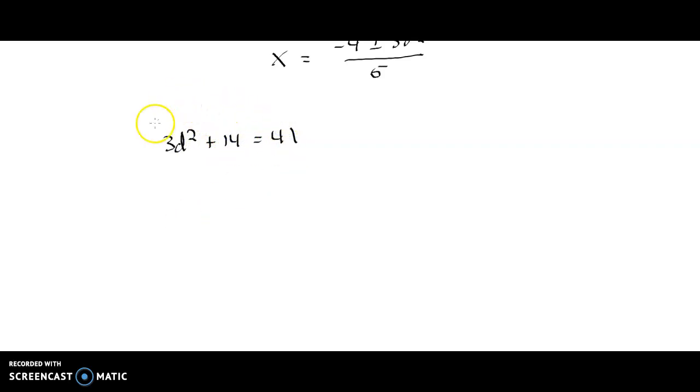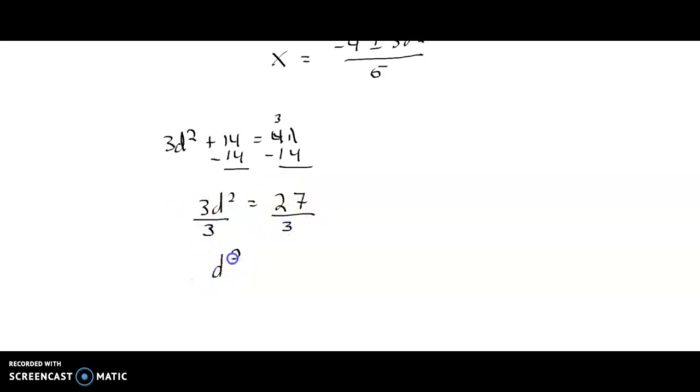So the first thing I want to do is get this d squared by itself. So I'm going to subtract 14 from both sides. So I get 3d squared is equal to 27. Divide both sides by 3.